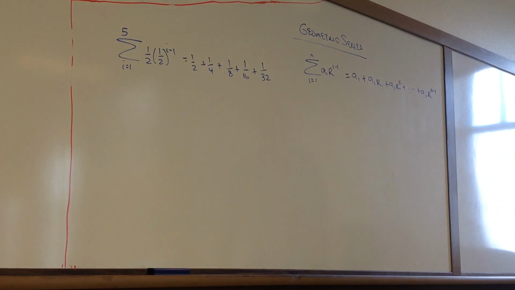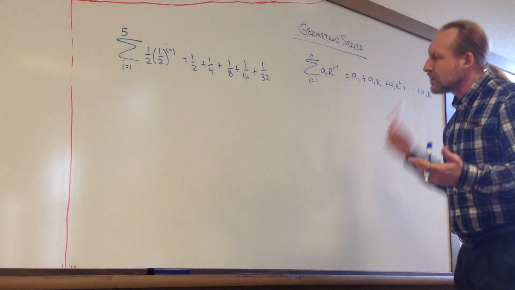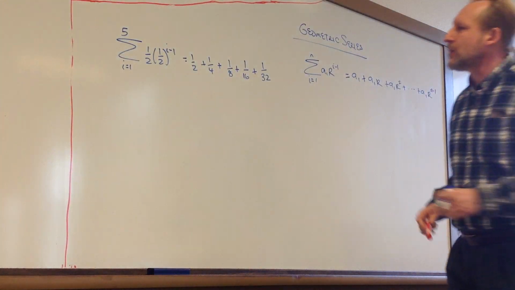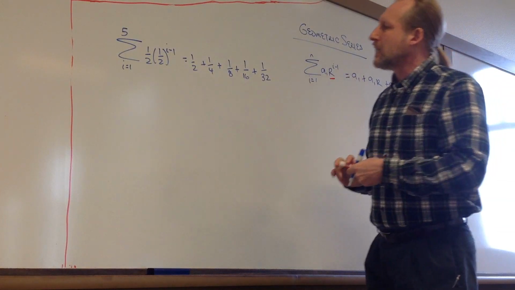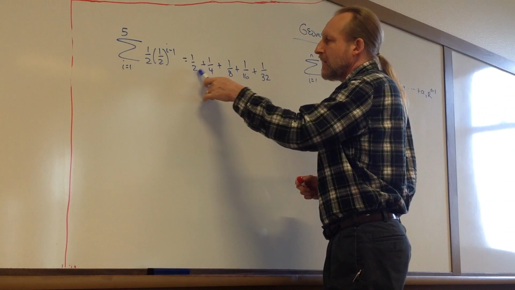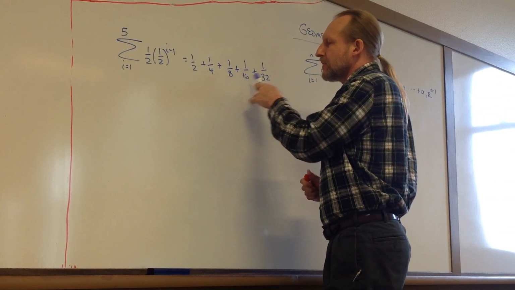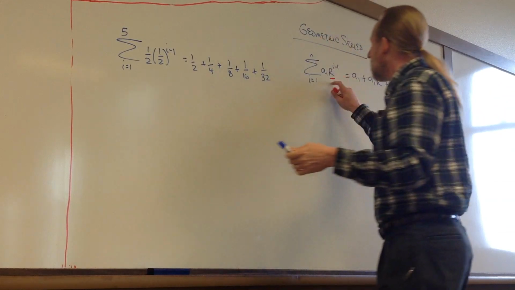So what I was talking about in terms of the constant multiplier or constant ratio, that's the value of r. If you go from a1 to a2 to a3 to a4 and so on, you can do that by multiplying by that value of r.